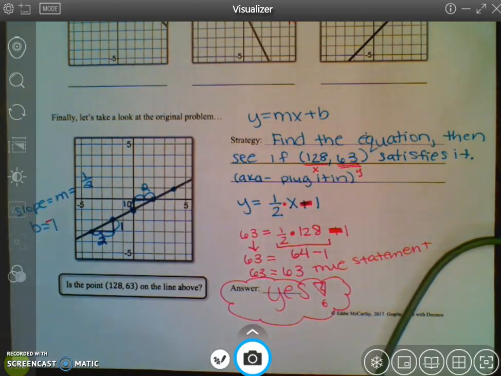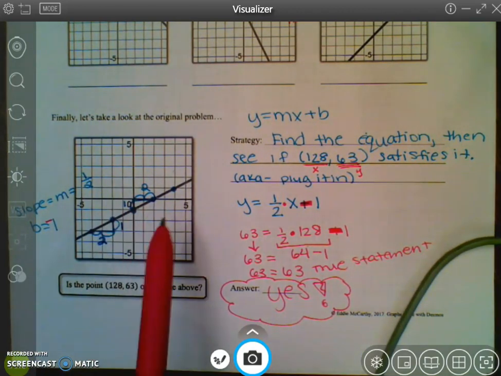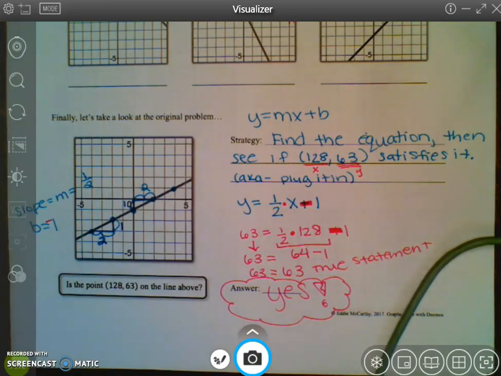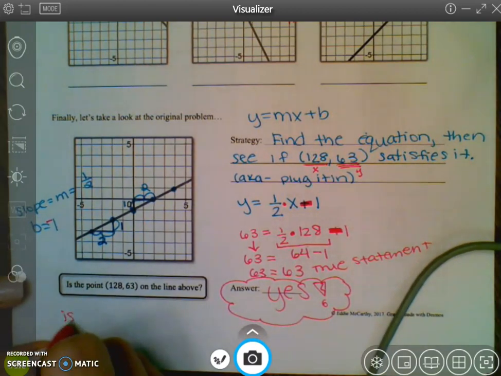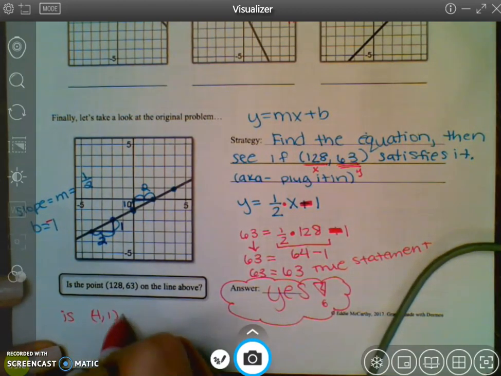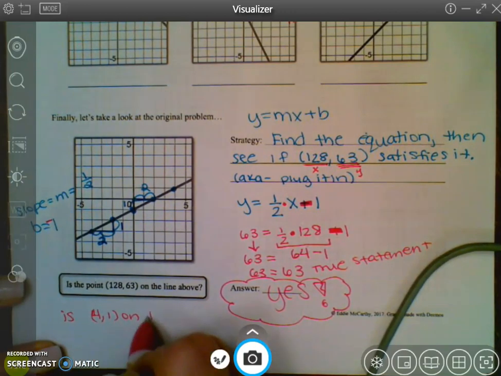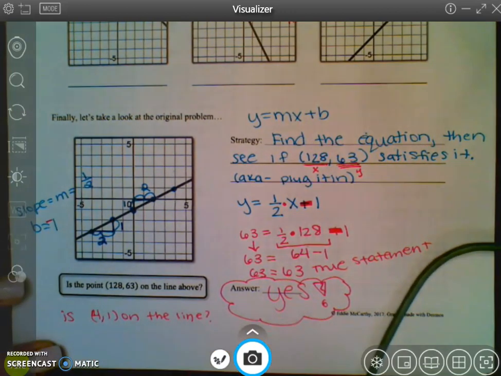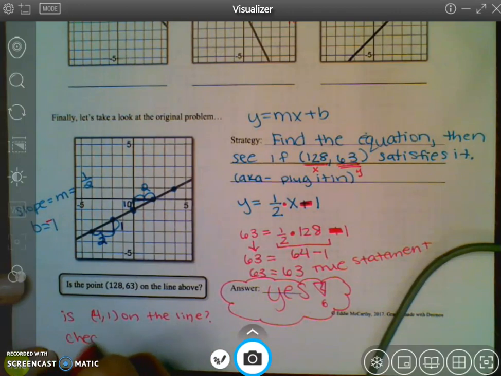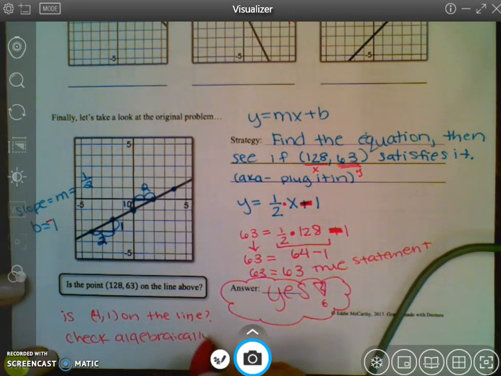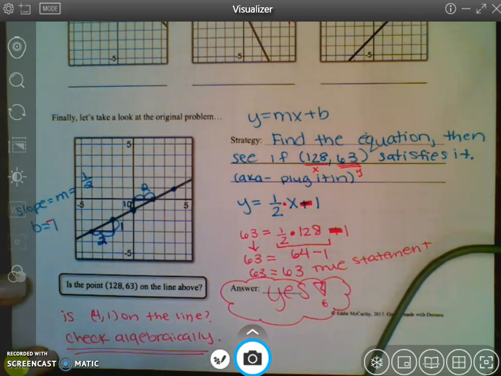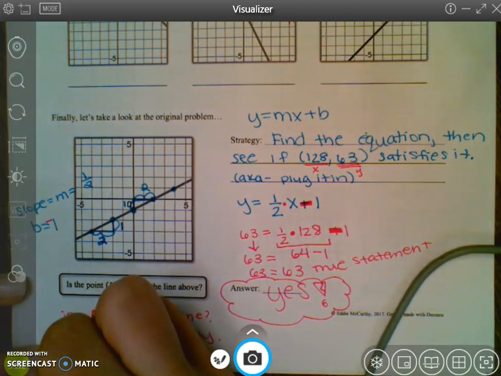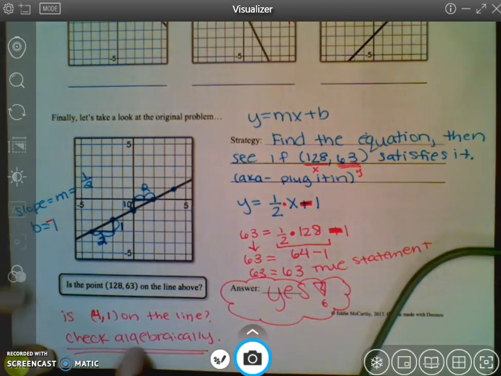So just like if I wanted to check, let's say, the point (4, 1). Is (4, 1) on the line? Well, we can see it, but you can also check algebraically. I want you to check algebraically if (4, 1) is on the graph.